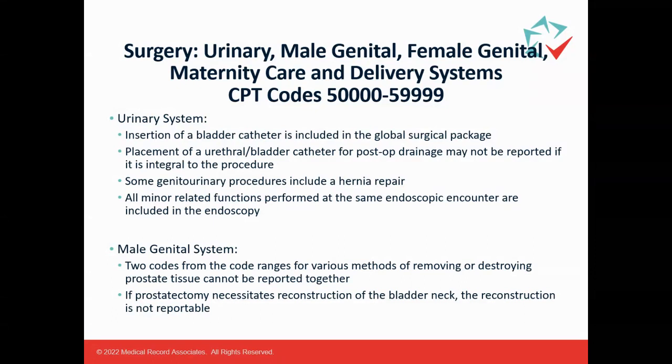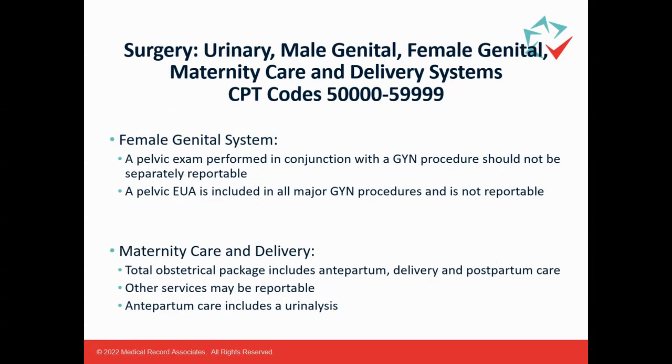If a prostatectomy necessitates reconstruction of the bladder neck, the reconstruction is not reportable separately. Female genital system: a pelvic exam performed in conjunction with a GYN procedure should not be reported separately. A pelvic exam under anesthesia, EUA, is included in all major GYN procedures and is not separately reportable.